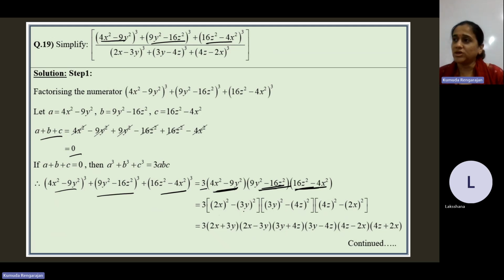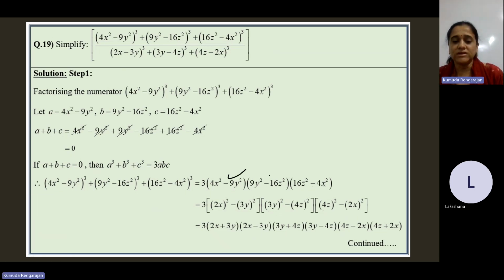And 9y squared is 3y the whole square. 16z squared is 4z the whole square. So you can express these three in the form a squared minus b squared, which is a plus b into a minus b. That's about the numerator.